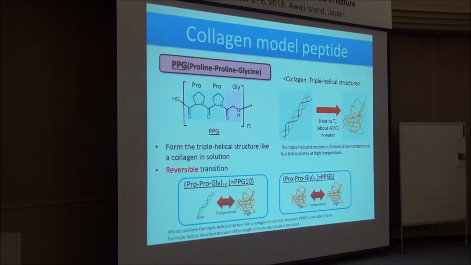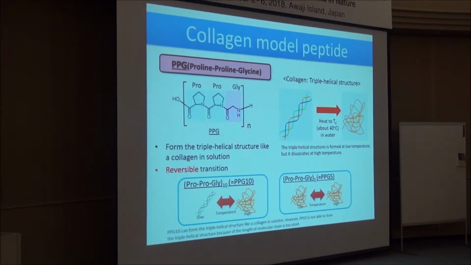We use the collagen model peptides, glycine-proline-glycine, PPG10 and PPG5, as samples in this research. PPG10 can form the triple helical structure like collagen in solution at low temperature.